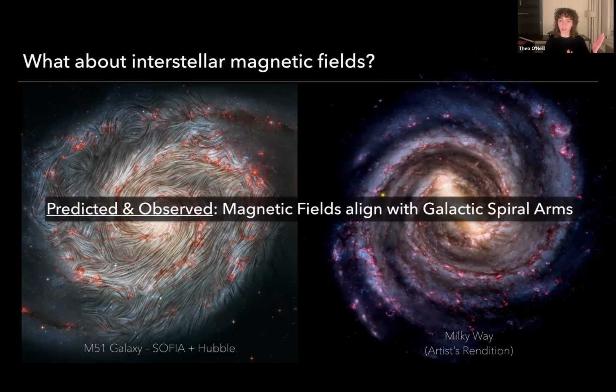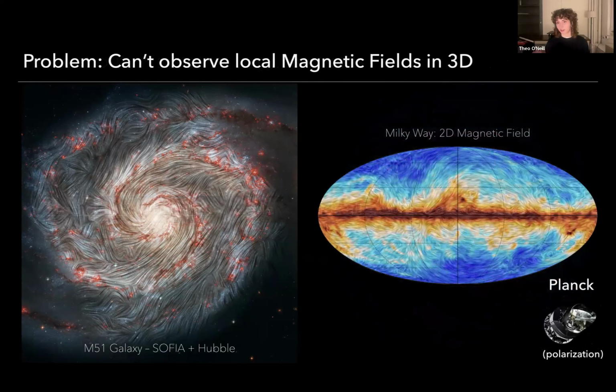But so we're faced with this prediction from theory and this observation from external galaxies that magnetic fields tend to align with galactic spiral structure. But the challenge becomes that in our own Milky Way, since we're inside of it, it's really quite difficult to observe magnetic fields in 3D. So when we're looking at our own Milky Way, we're forced to instead look at the projection of magnetic fields in our galaxy onto the plane of our sky.